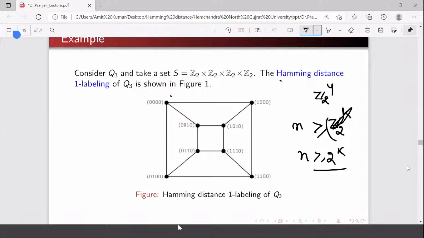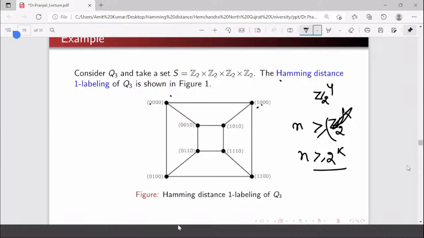So now we have taken the elements from Z2 to the power 4. So this pair, look at here, these are at Hamming distance 1 because there is a difference on the first tuple only. Similarly, if you look at here, there is a difference at the second tuple only, and so on.